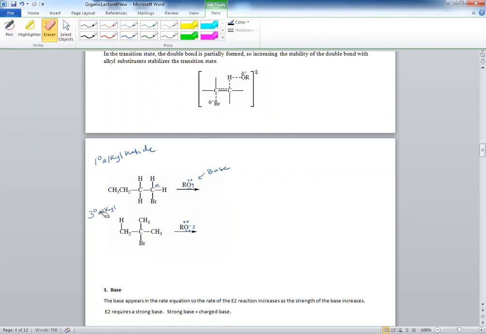I'm just going to write tertiary, 3 degrees, you know that I'm talking about alkyl halide. I need more space. So here's your alpha. This carbon is attached to 3 other carbons. That's why it's tertiary. Very well.